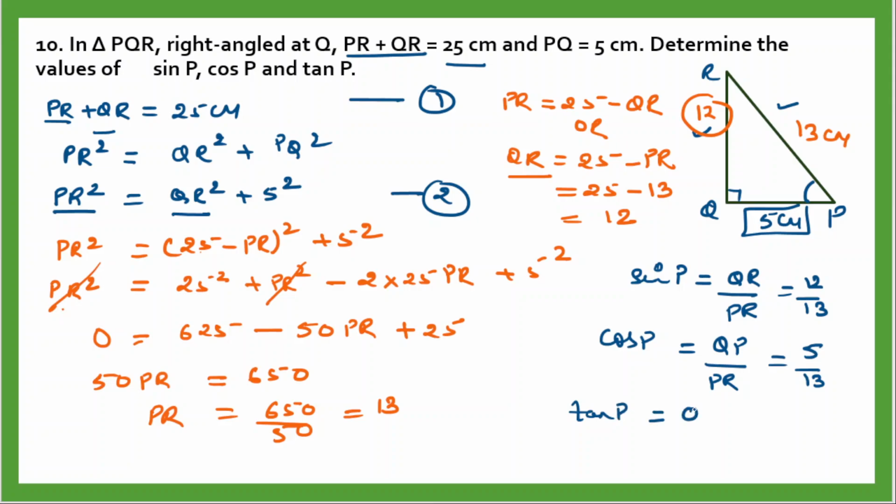It is equal to QR divided by PQ, which is equal to 12 divided by 5. So this is the answer. Here what we have done, we have two equations, and for the second equation we reduced the first equation in a single variable so that we can easily calculate the value.